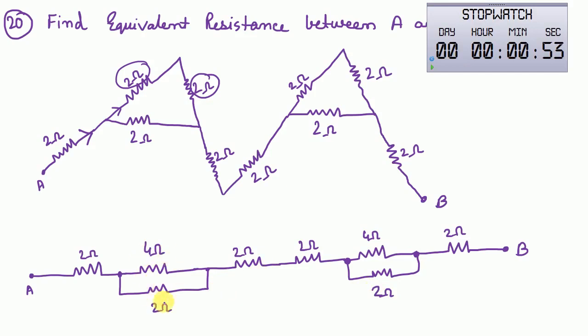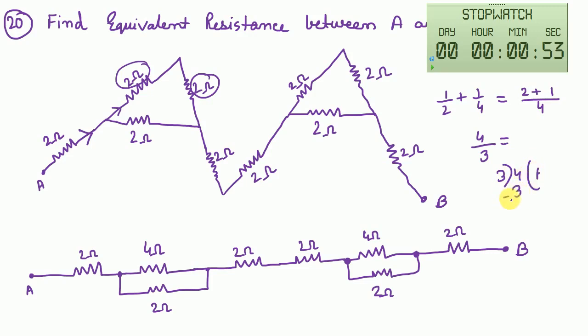Now the equivalent resistance that will come for this 4 and 2 will be in series with the others, right? So what we'll do, we'll just find out 1 by 2 plus 1 by 4. LCM is 4, so 2 plus 1. So the equivalent resistance will be 4 by 3, right or not? 4 by 3.